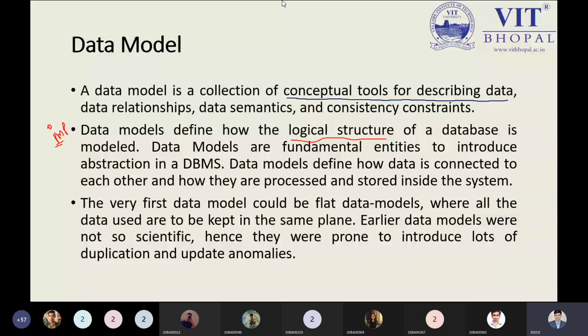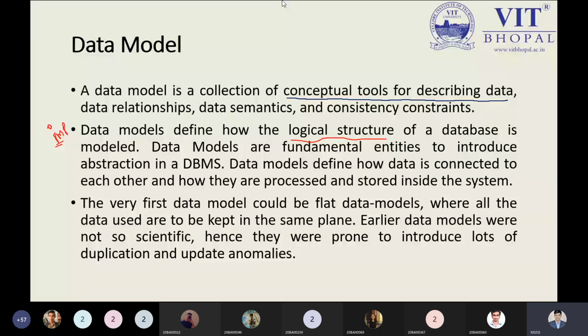While writing the algorithm, where do we start? First, we draw the conceptual diagram, and that diagram is known as our flowchart. After understanding the flowchart, you write the algorithm for the specific problem or solution. So this is a graphical representation of the solution of the problem. That's why we can say data model is a logical structure which defines how our data will be connected. That is the thing you have to understand.